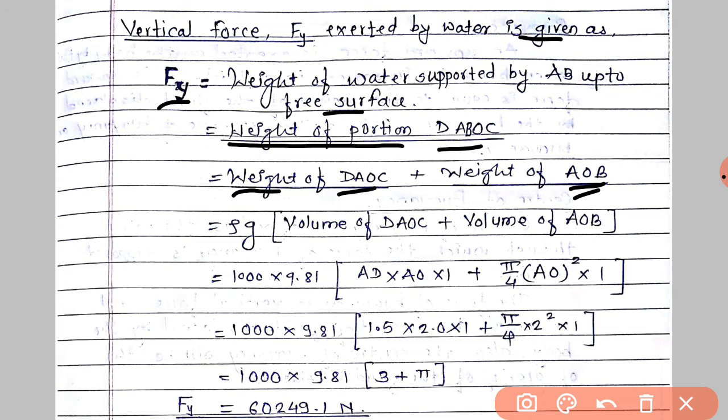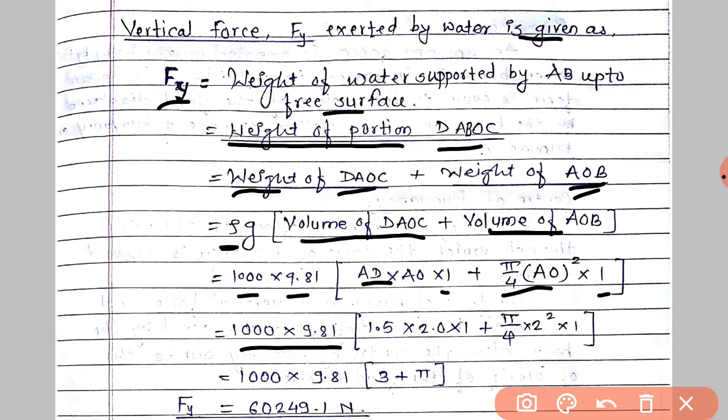How to get this? Take rho g common and take the volume of DAOC plus the volume of AOB. Put the values of rho and g here, and then the volume of DAOC will be area into width. So AD into AO into unity, 1, and the volume of AOB will be area into width unity. So the area will be pi by 4 AO square into 1.